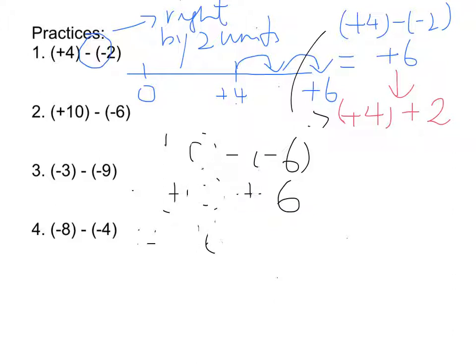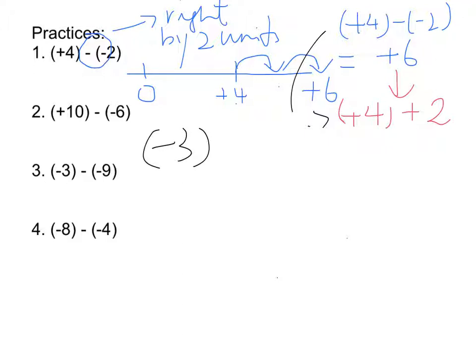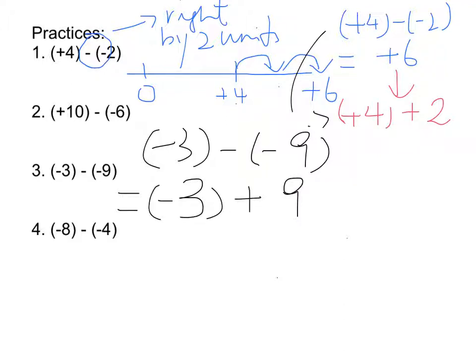And then how about the next one? For the next two, you have two negative numbers this time. If you have problems doing it this way, you can try to do it on the number line again. Negative 3 minus negative 9 equals negative 3 plus 9, which equals positive 6.